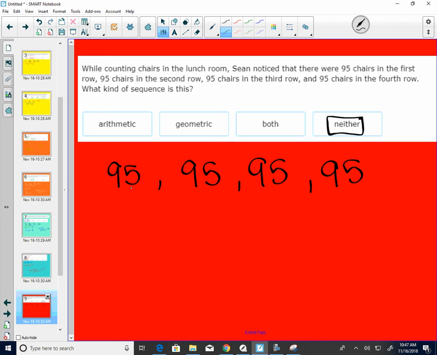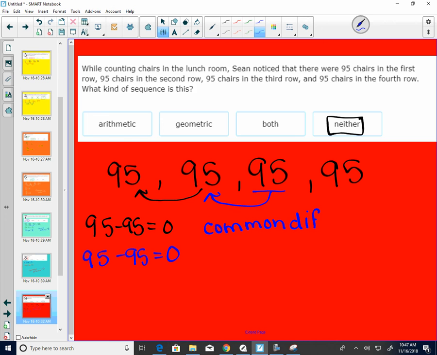But if we look, 95 minus 95 is 0. And if we look, this 95 minus that 95 is also 0. So it has a common difference that's equal to 0. So it could be arithmetic.